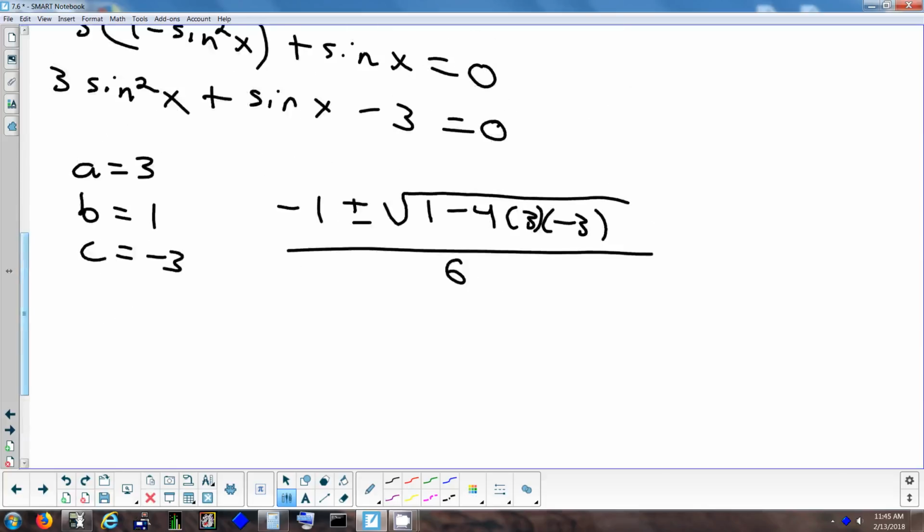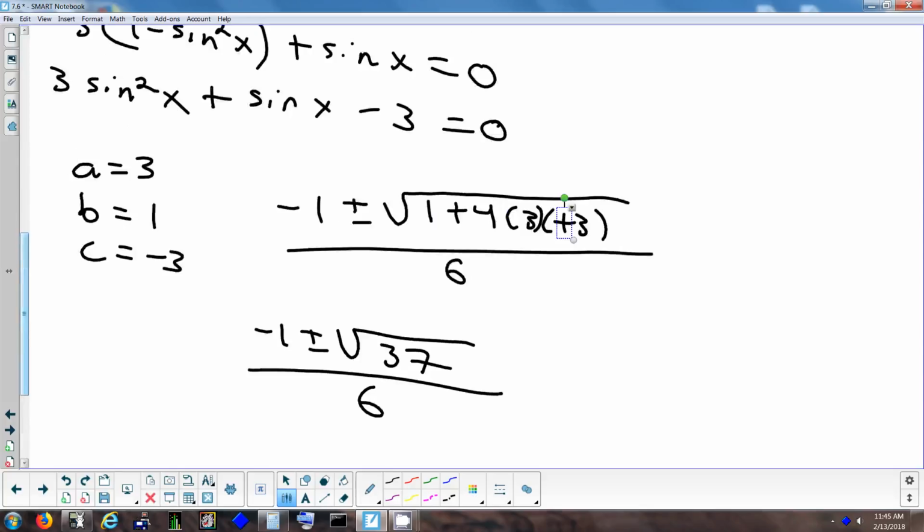What's going to happen here? Minus a minus, so let's just make that positive right now. 4 times 3 is 12, times another 3 is 36, plus 1 is 37.